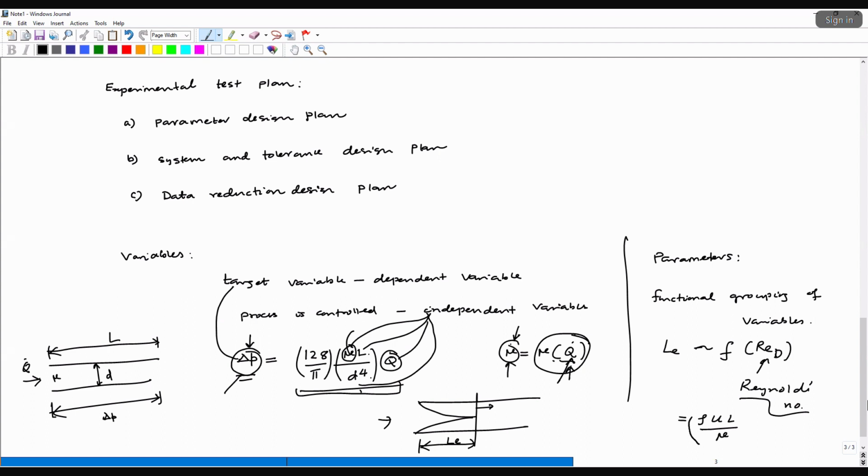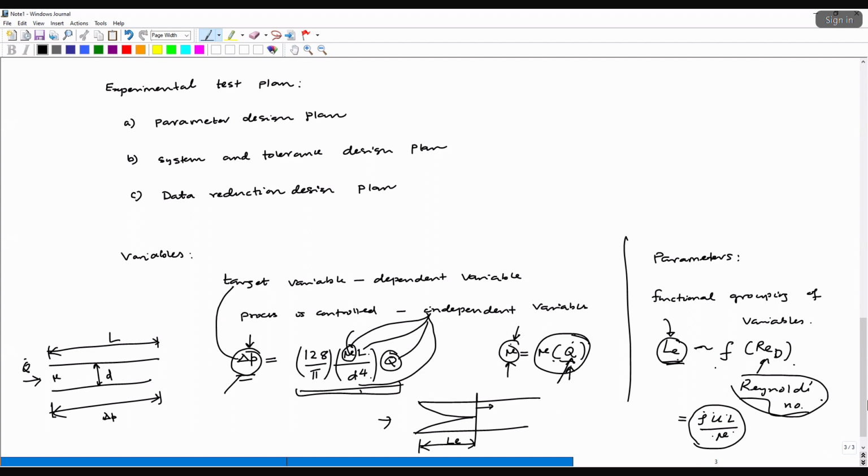So you can see that there are so many different variables, but they are grouped together to talk about a parameter, and this parameter actually characterizes the variable that you are interested in. Let's say you are measuring entrance length. Instead of talking about individual variables, you can group them together in terms of a parameter which characterizes this.